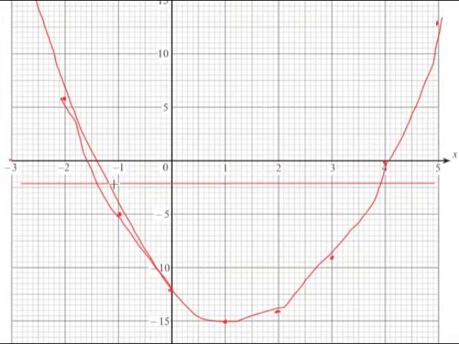So it intersects x, and as I say, my line isn't brilliant here, so let's say it intersects it at -1.4.